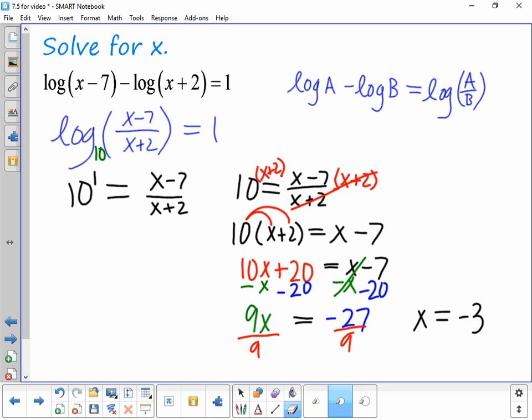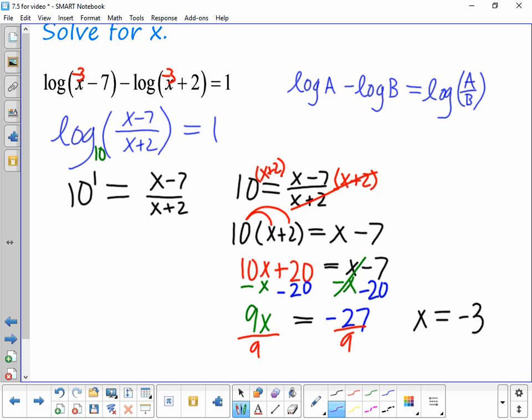So if we substitute negative 3 for x into our original equation, we end up with the equation the log of negative 10 minus the log of negative 1 is equal to 1. Well, if you try to evaluate the log of negative 10 in your calculator, it does not work.